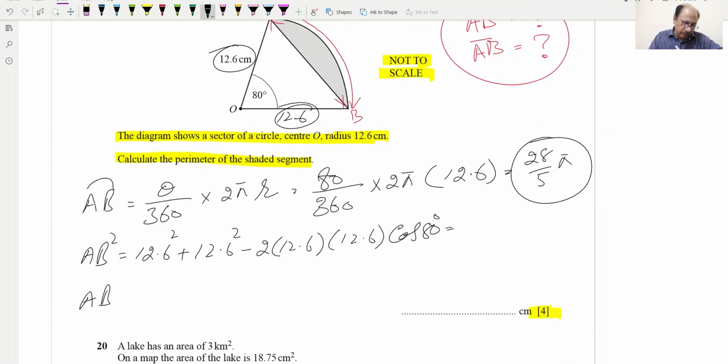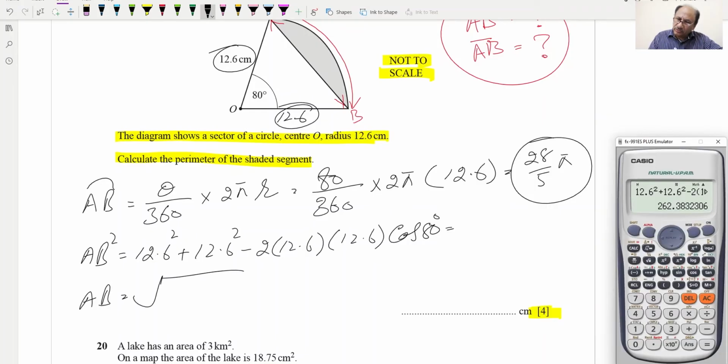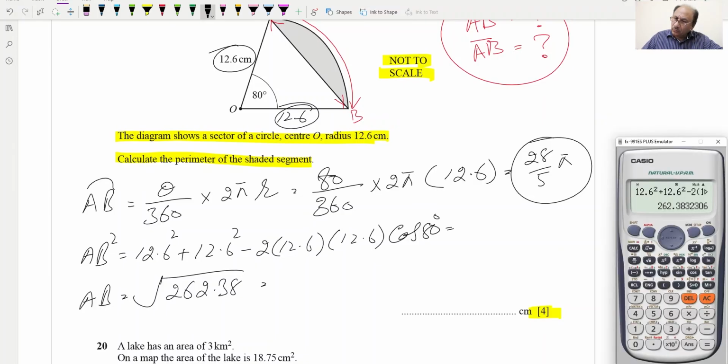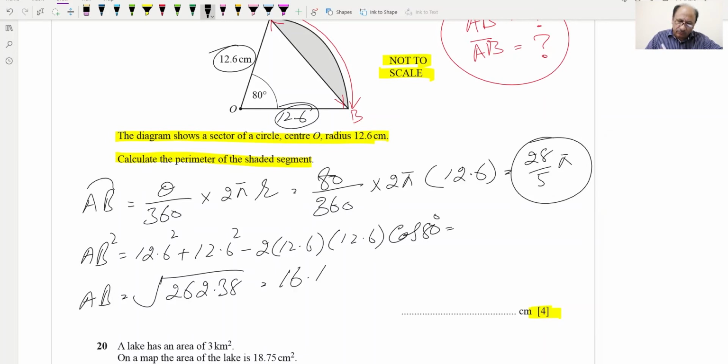So AB will be root of 262.38, which gives 16.198, or we can write it as 16.2.